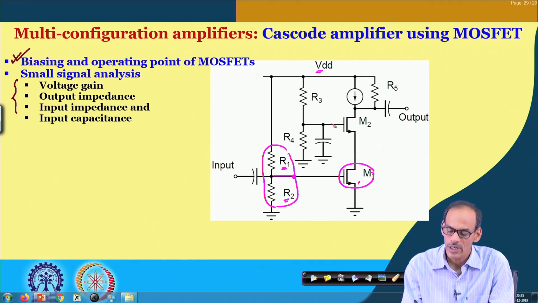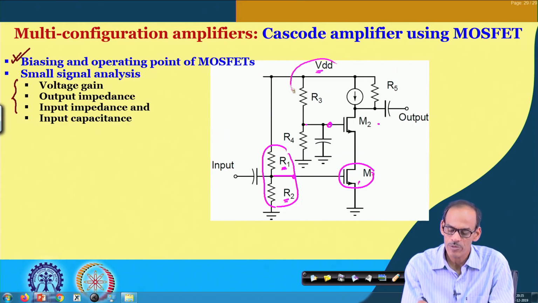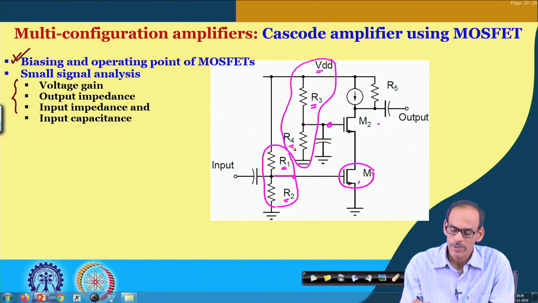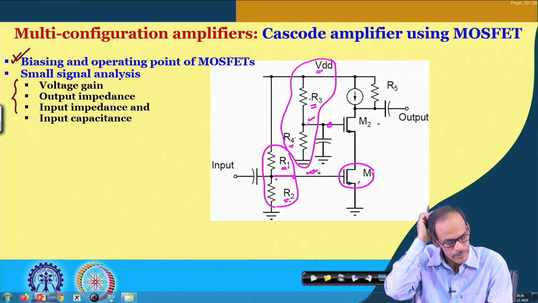Likewise, at the gate of transistor 2, we are giving a DC voltage which is coming from this potential divider constructed by R3 and R4. So, depending on their ratio, we are generating a voltage here. Likewise, depending on the R1, R2 ratio, we are providing a voltage here.